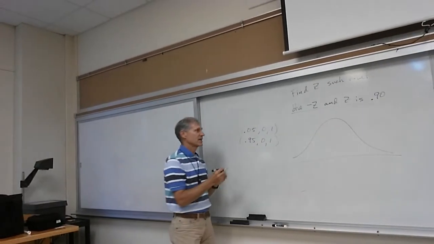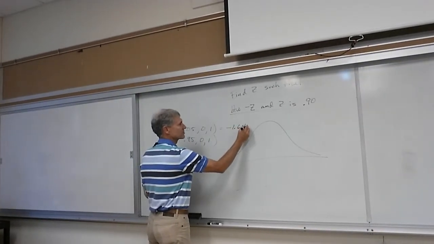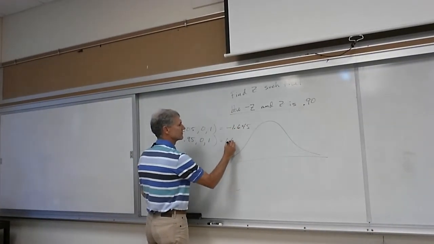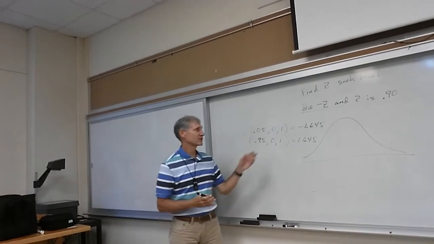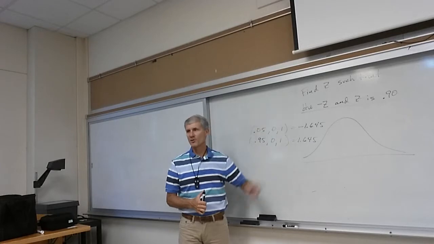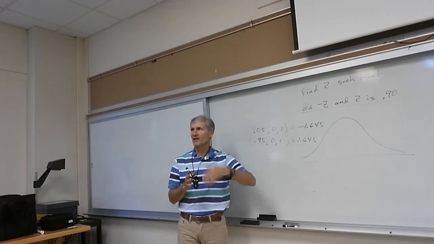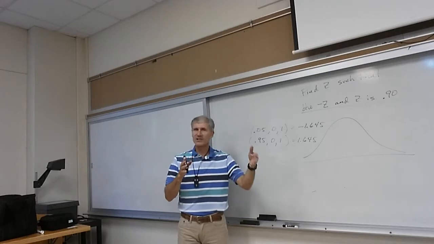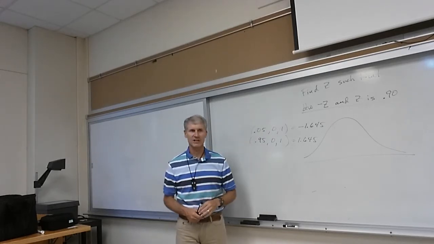And notice that you get the same number, but one is negative and one is positive. So you actually don't have to do both when it's standard normal, because once you do one, the other one by symmetry has to be the other side of 0. So just take the negative off or add one on, whichever one you did.